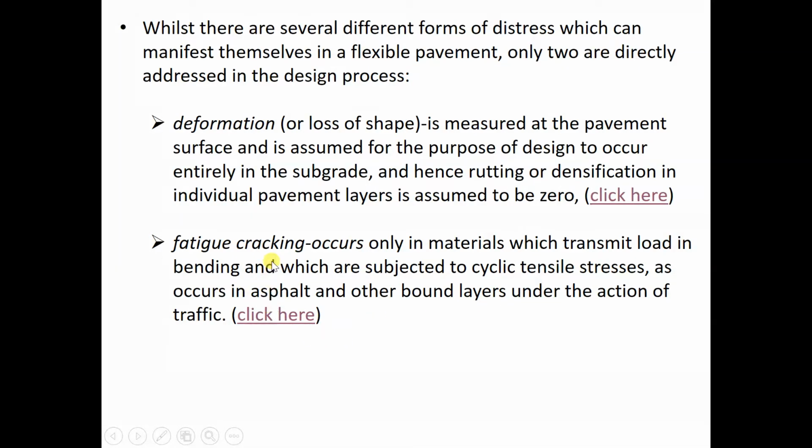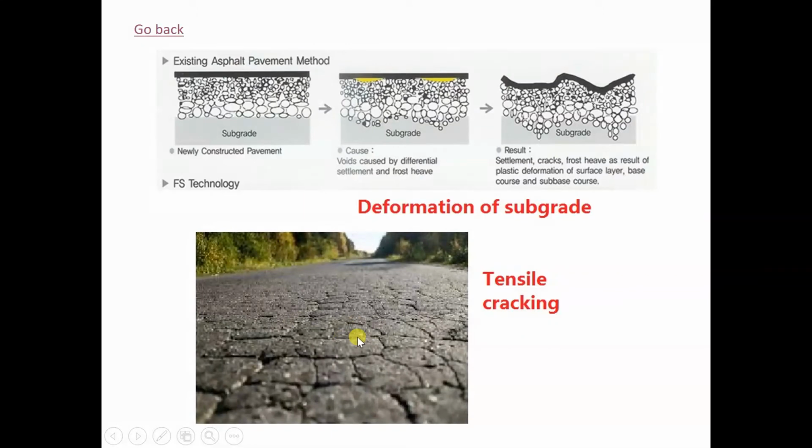So for the fatigue cracking, normally for layers to exhibit cracking, if you bend it like this, the top part is usually in compression, where it is shortened. When it's lengthened, it's in tension, and the cracks we call tensile cracks.